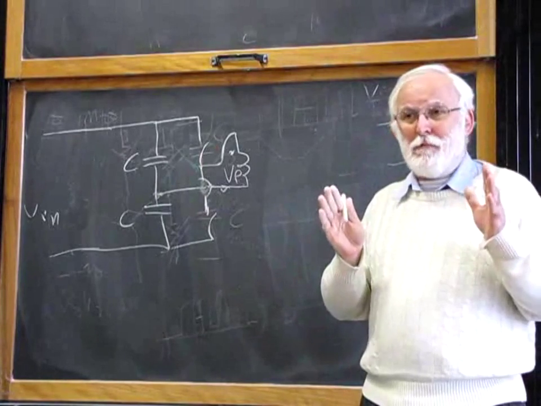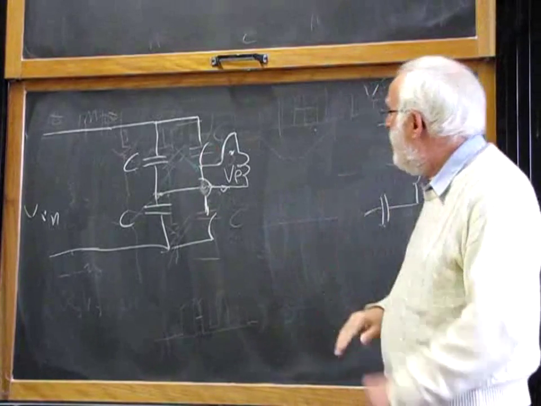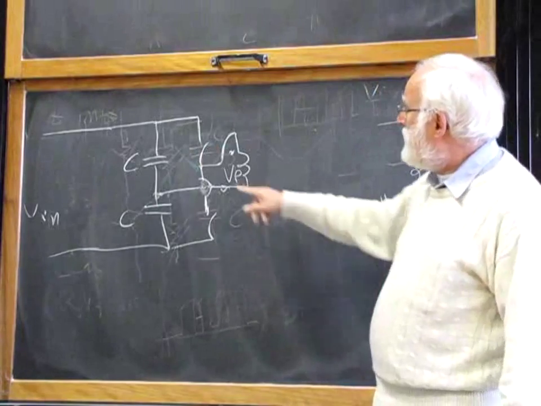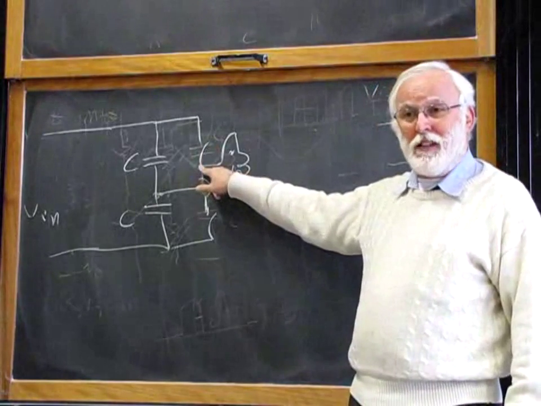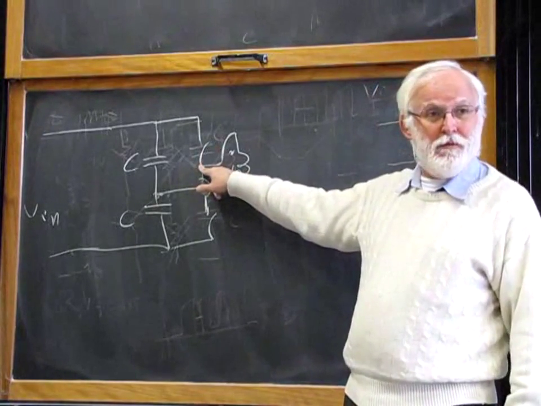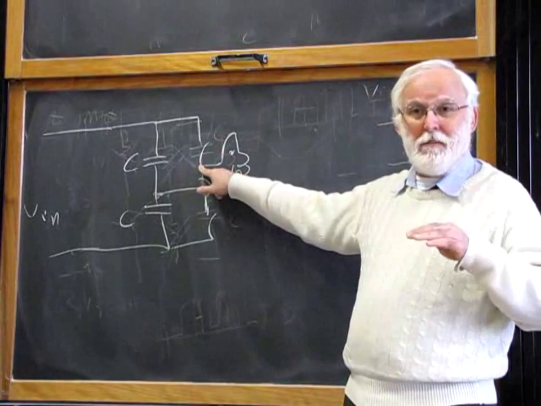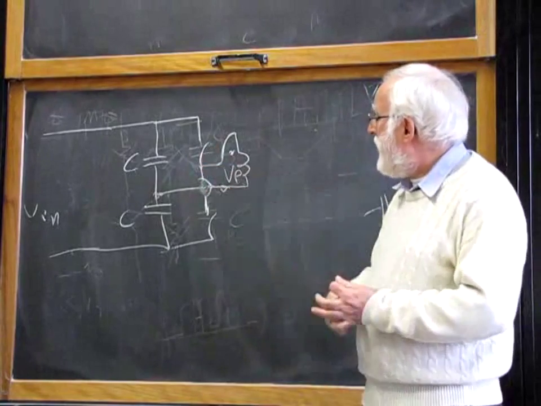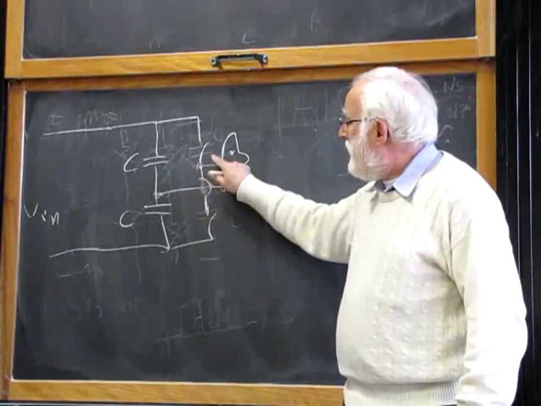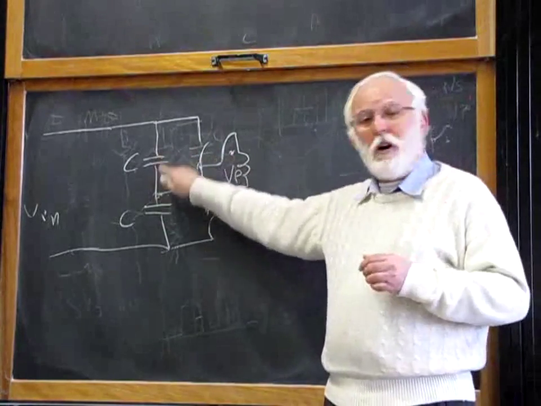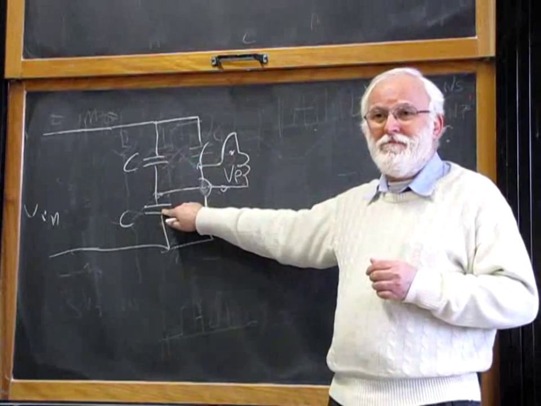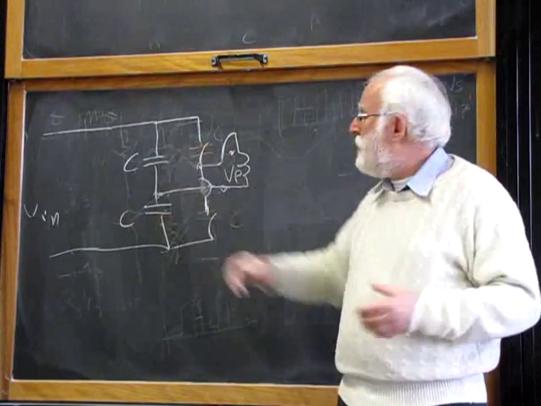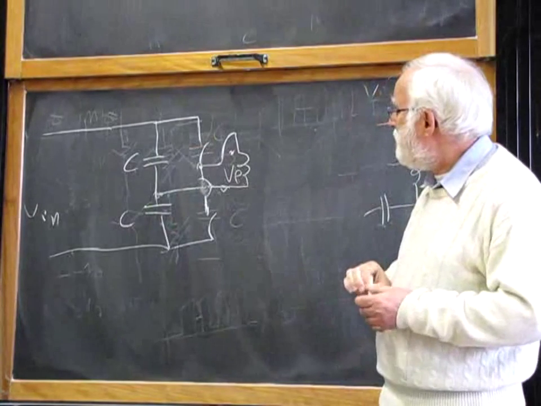One pulse is a little bit wider, one is a little bit narrower. What happens? The average voltage applied to this point is not V over 2. It will be a little bit larger or a little bit lower. And this voltage imbalance will be absorbed by these two capacitors. Why not? That's okay.